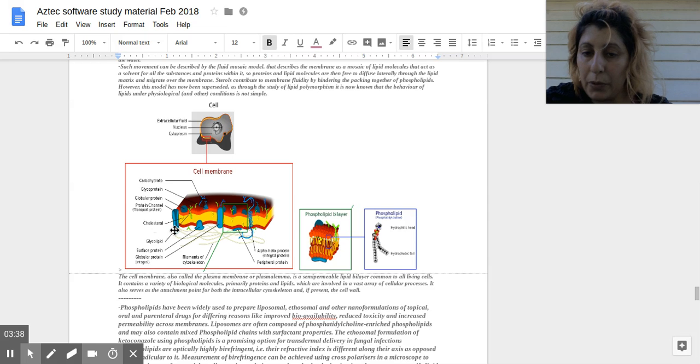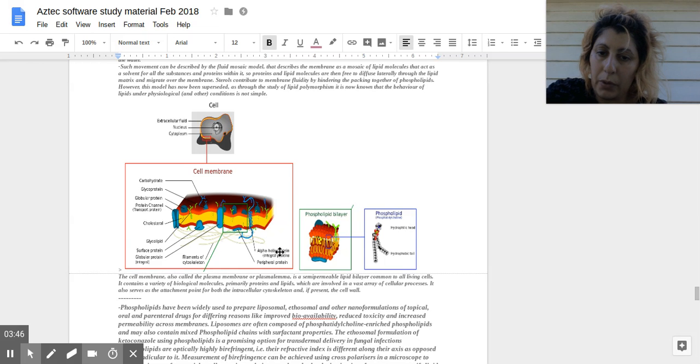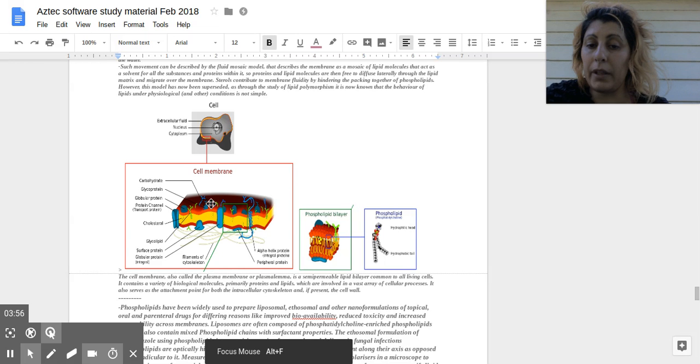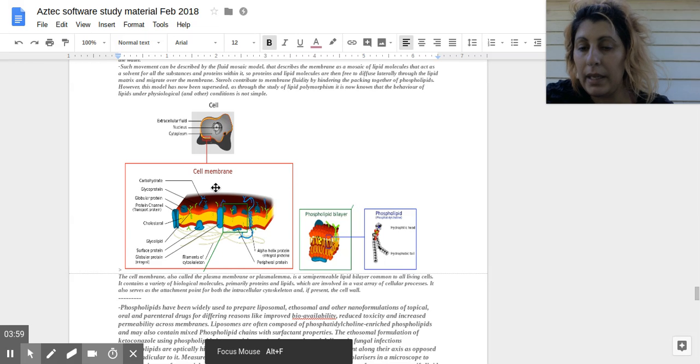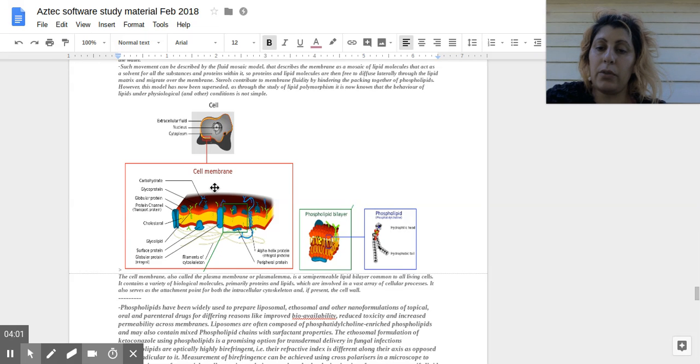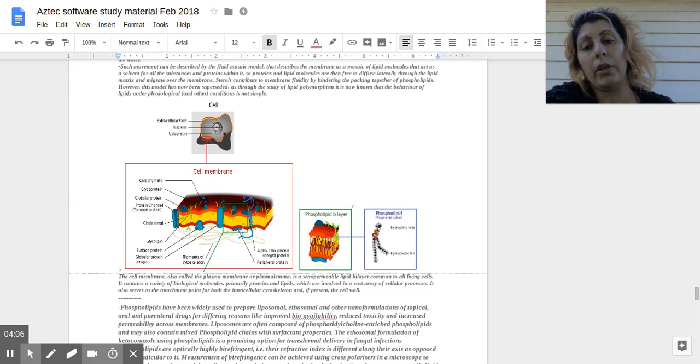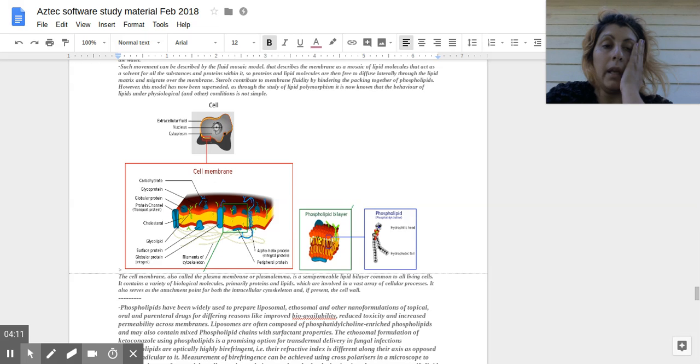There are proteins on the surface called peripheral proteins. There are integral proteins, also helix proteins, that go all the way across the membrane. These channels serve to bring molecules into and out of the cell that are unable to cross through the thick membrane, because they may be polar ions or just big molecules that need to go through these channels.